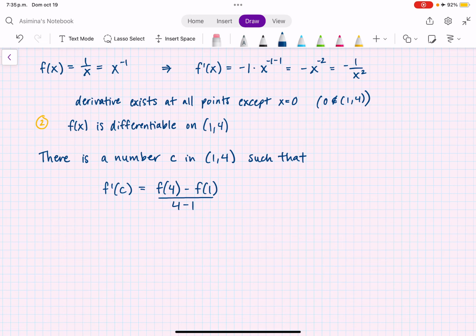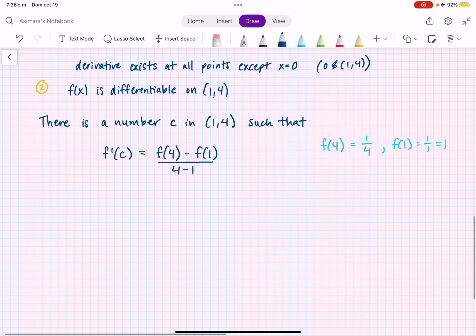So let's do this. What is f of 4? Well, f of x is 1 over x, so f of 4 is just 1 over 4. What's f of 1? That's 1 over 1, which is just 1. So this equals 1/4 minus 1 over 3.